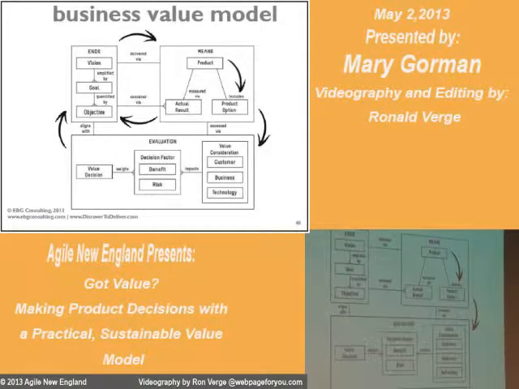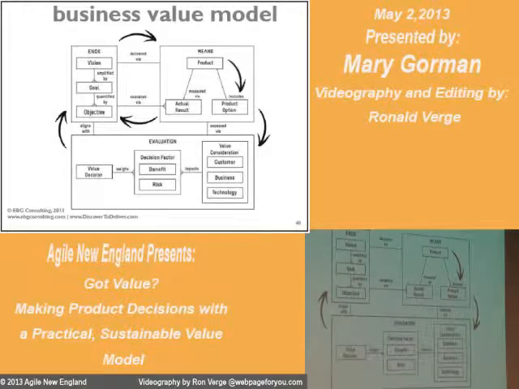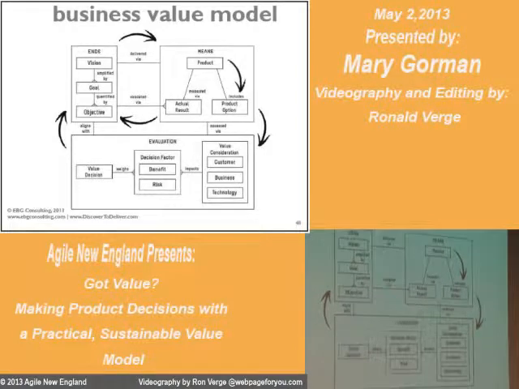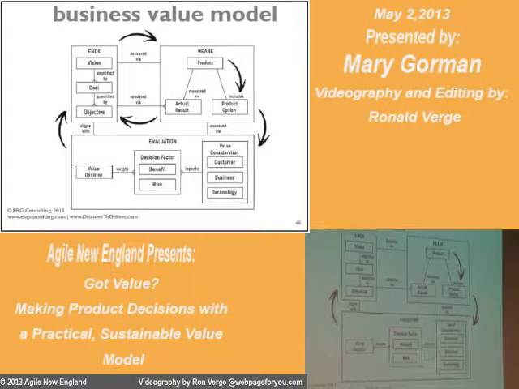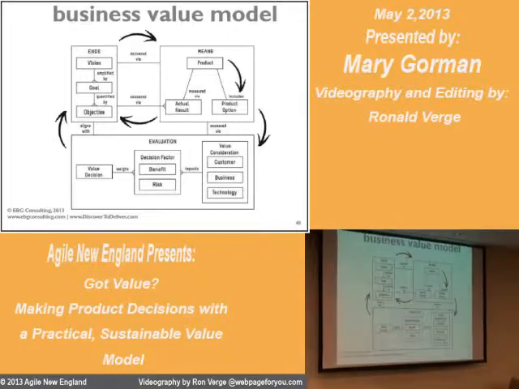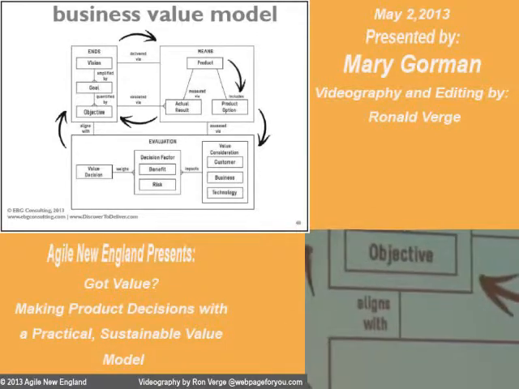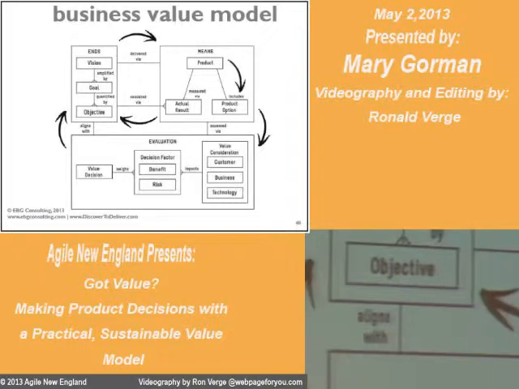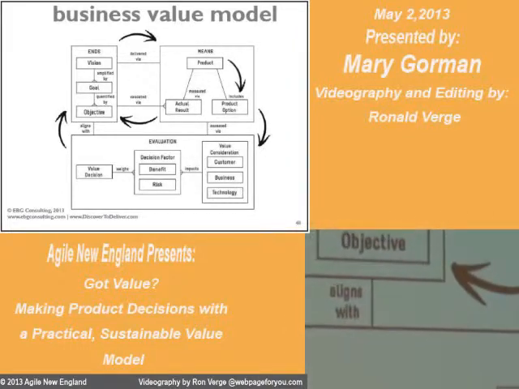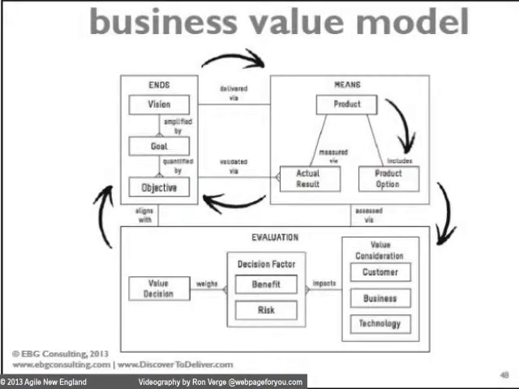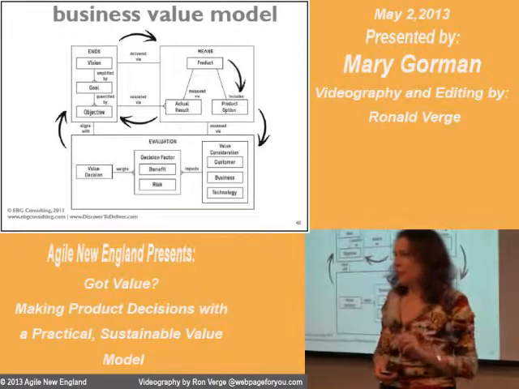And when we make that evaluation, that value decision has to be aligned with those vision, goals, and objectives. And then not forgetting right in the heart of this, that we look and say, yes, we actually have to, as we just saw, validate those actual results. We don't know if we've reached that value until we've done that validation.